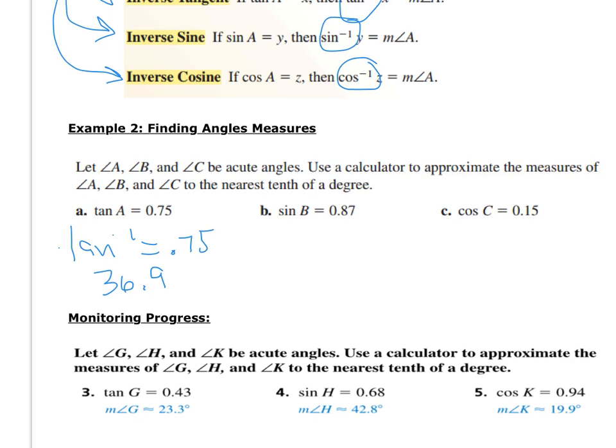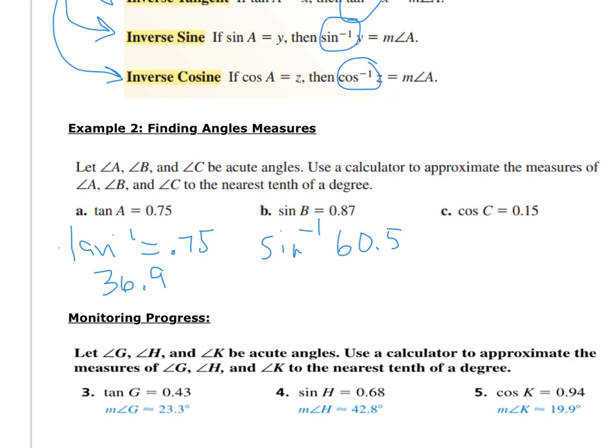Now let's do sine. Well, we're going to do the sine negative inverse. So we will push our second key or our shift key. Now we'll push sine negative inverse. And then we will push 0.87. And when we do that, I ended up getting 60.45, so 60.5.